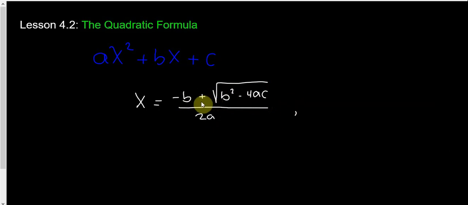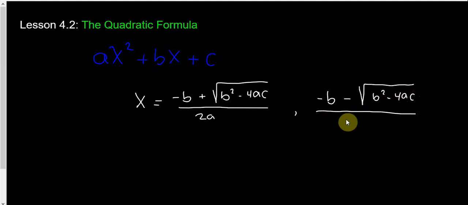Instead of adding the square root, you would be subtracting. So negative b minus the square root of b squared minus 4 times a times c, all divided by 2 times a. And there would be your two solutions.